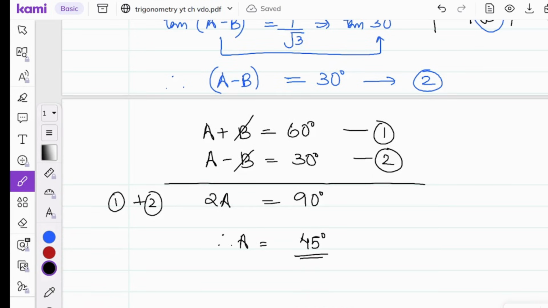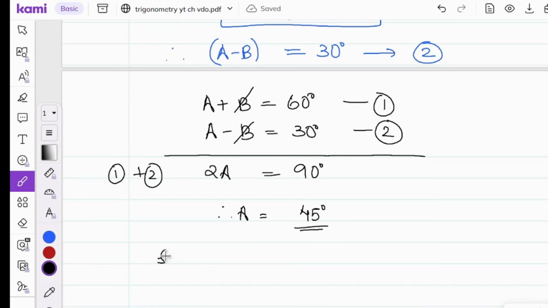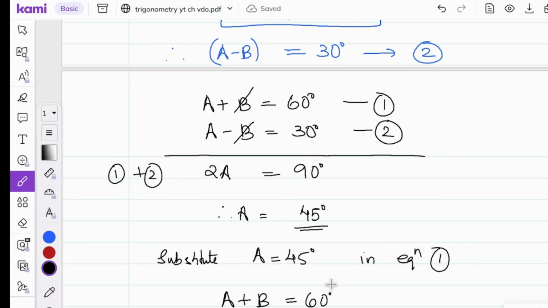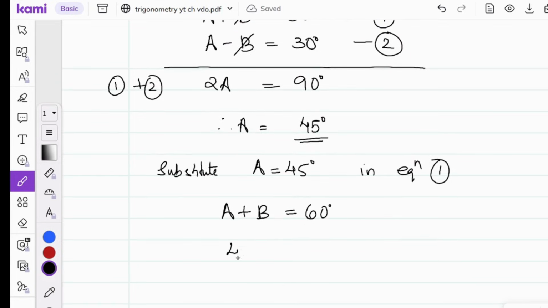Now what I can do? I can substitute this value a in any of these equations. So I am taking equation 1, substitute a equal to 45 degree in equation 1. What is my equation 1? Equation 1 is a plus b equal to 60 degree. A equal to 45. 45 plus b equal to 60 degree.